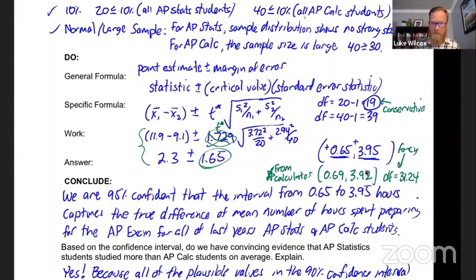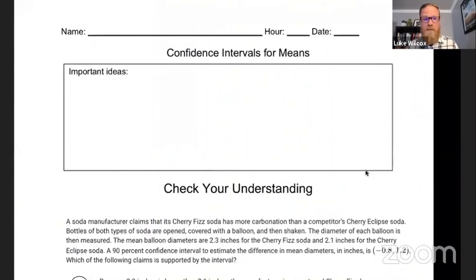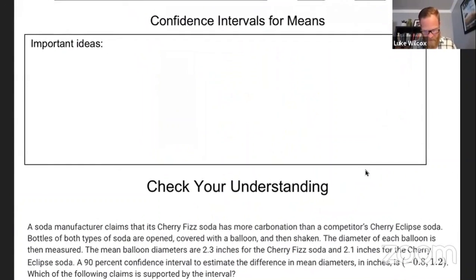All right, I think we are finally ready to try and summarize what we learned here in the important ideas. I'm just going to go back to the 2 learning targets that we started with at the beginning of the lesson, and split this in 2 here. I'm going to make a little table to remind us of some things. Learning target number 1 was about calculating a confidence interval for 1 sample.